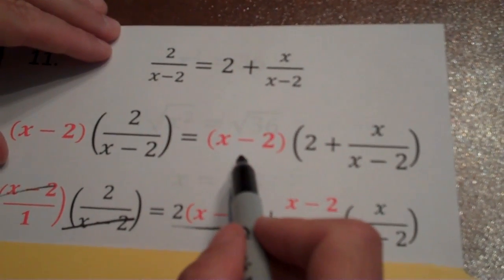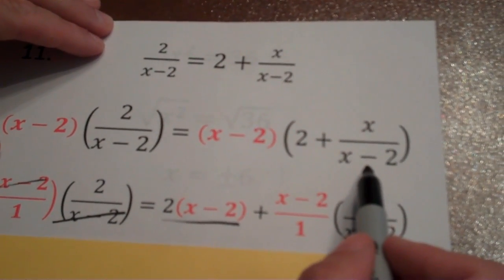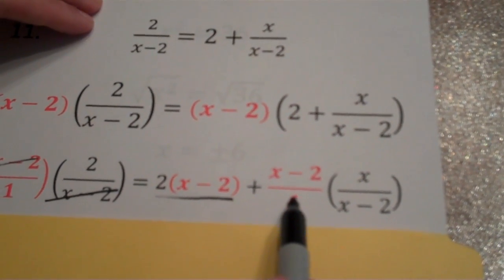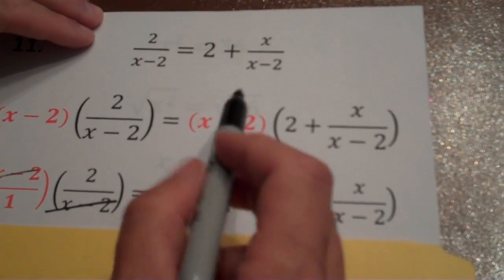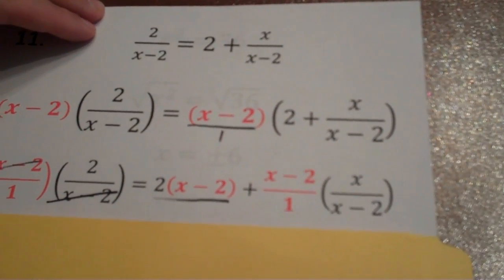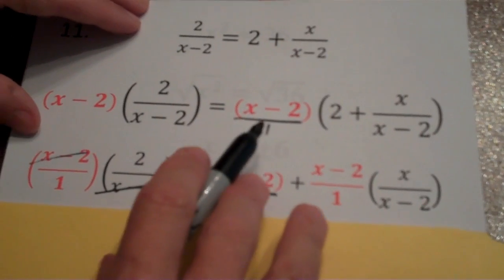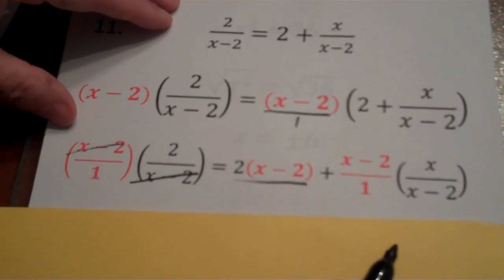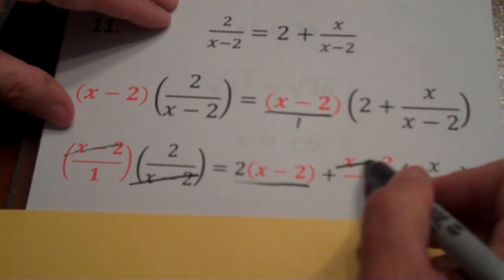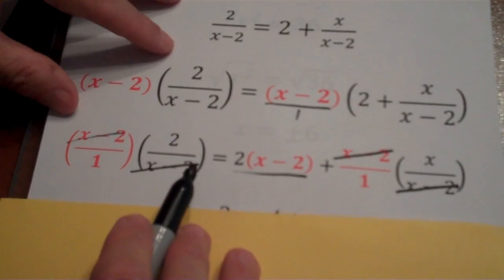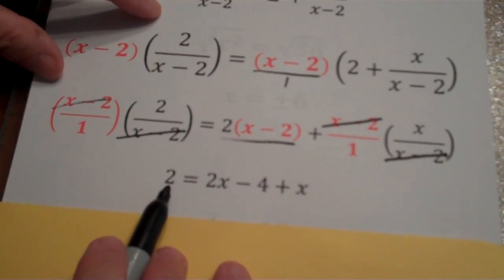But when I write x minus 2 times this fraction, I will go ahead and write it as a fraction again, x minus 2 over 1. Recalling, of course, that I could take anything and stick it over 1, and it's an equivalent expression. At least in this case, what I want you to see is the x minus 2's cancel again. So on the left side, I am left with just a 2.